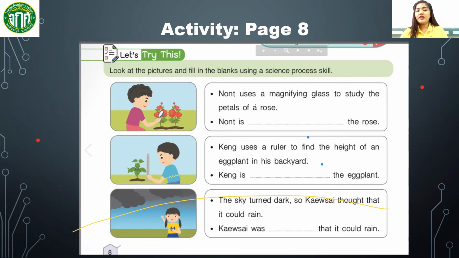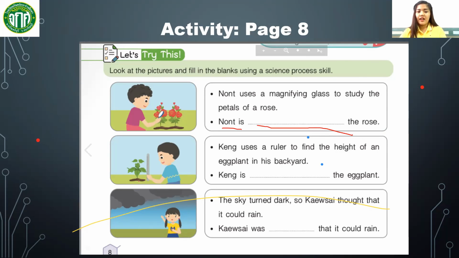Non uses a magnifying glass to study the petals of a rose. So what do you think Non is doing? Non is blank the rose. Fill in the proper science process skill that is being used by Non.